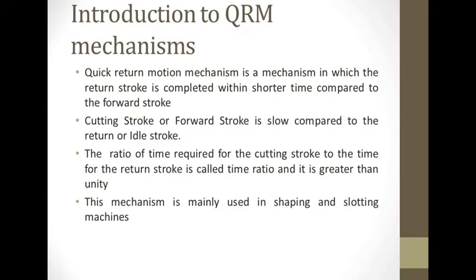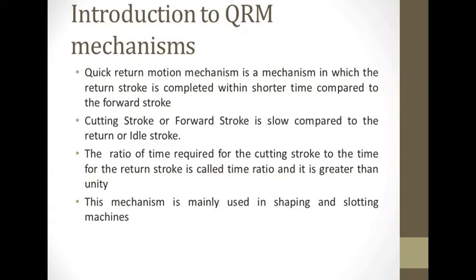So here, the time required for the cutting stroke is greater than the time required for the return stroke. If you take the ratio of time taken for the cutting stroke to the return stroke, it is always greater than unity. The cutting stroke time is greater than the return stroke to increase productivity.